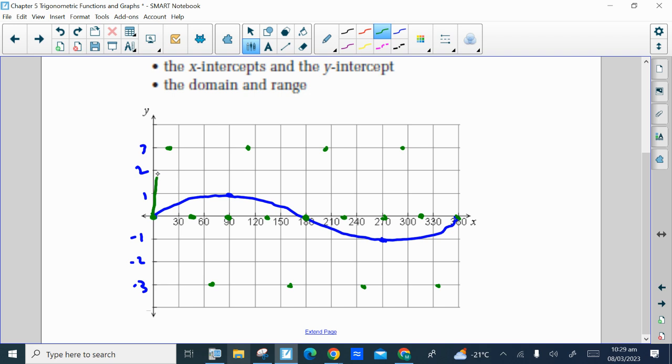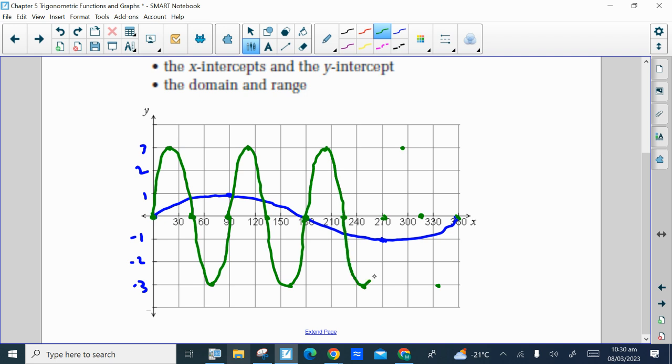So this graph is going to be fairly squished together. Okay, so that's what the new graph looks like.